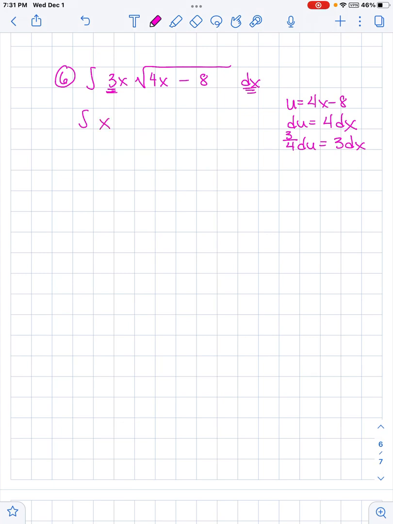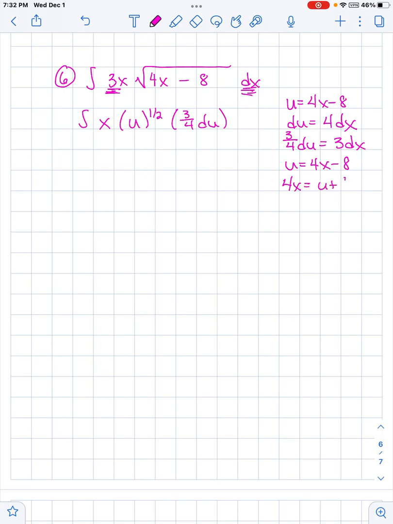I still have this x out in front. I haven't replaced that with anything yet. 4x minus 8, the square root of that becomes u to the 1/2. And 3 dx becomes 3/4 du. All right, now I have this extra x, so I'm going to take my u value, u equals 4x minus 8, and I'm going to isolate x.